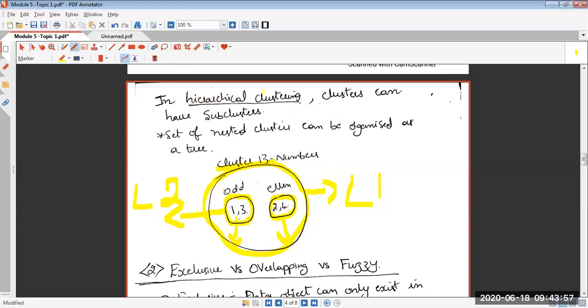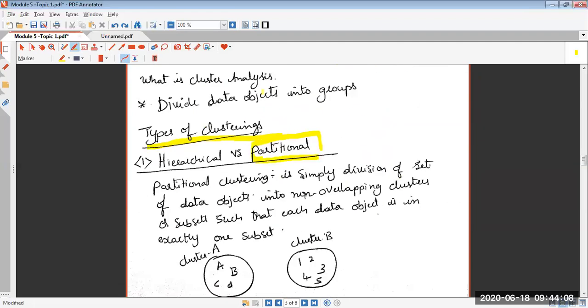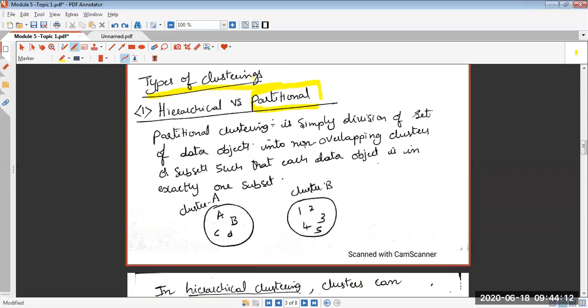So hope you got the difference between partitional clustering and hierarchical clustering. So try to compare and remember. So once again, I'll summarize. Partitional clustering means a cluster which is not overlapping, meaning that objects in one cluster is not repeated in a different cluster.